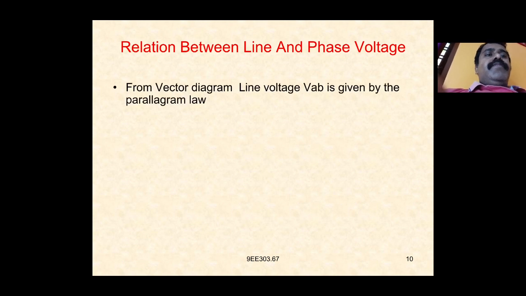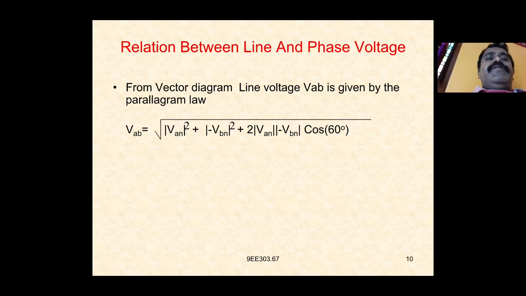From the vector diagram, the line voltage VAB is given by the parallelogram law, which is VAB is equal to under root of magnitude of VAN squared plus VBN squared, with VAN minus VBN.